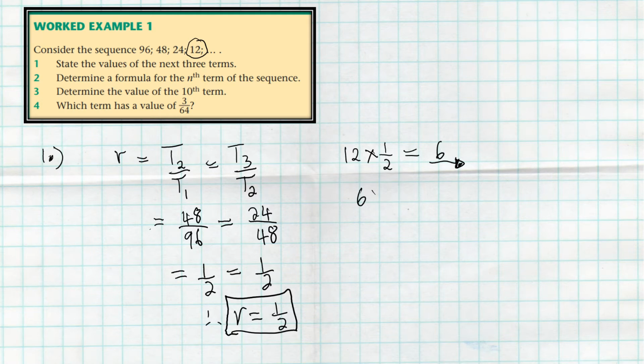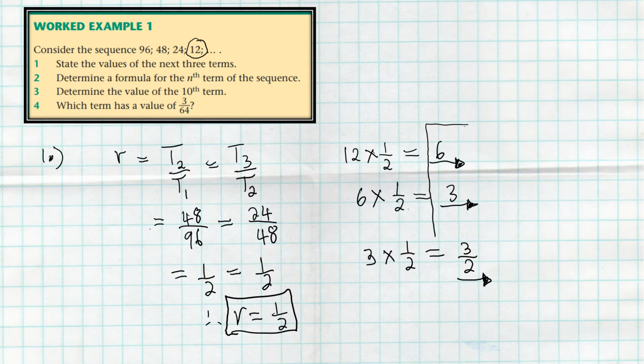Then we go on 6 and multiply by 1 over 2 to get the next term, 3. We multiply 3 by 1 over 2 to give us 3 over 2. So after 12, there will be 6, there will be 3, there will be 3 over 2. Those are the 3 next terms.